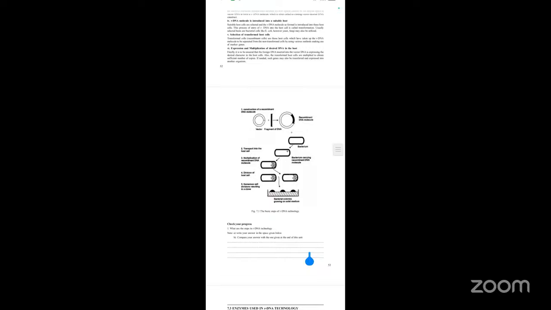Some of the enzymes. Next one, type 3 restriction endonucleases. These are not used for gene cloning techniques. The second type is a very important type of restriction endonuclease, but the third type is not important in gene cloning techniques.